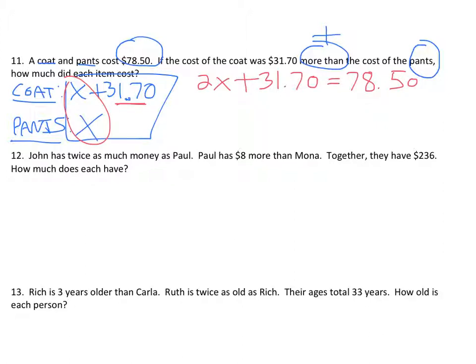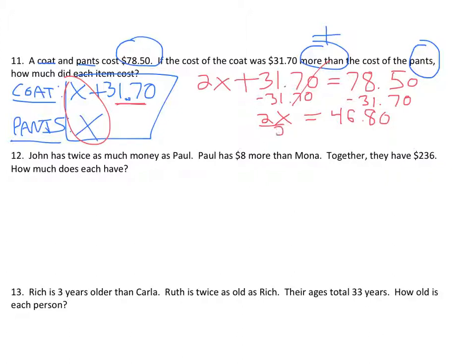Okay, and this is where you can break out your calculator. We're going to subtract $31.70 from both sides. So subtract $31.70 from the $78.50. Still going to have 2x on the left side. And $78.50 minus $31.70 gives us $46.80.